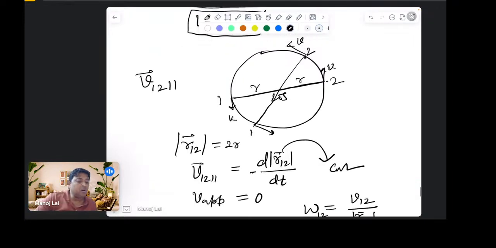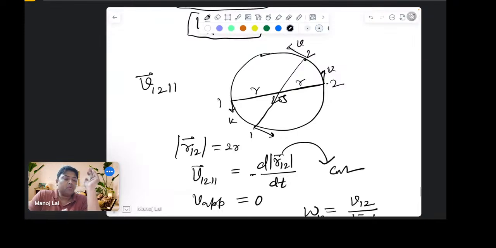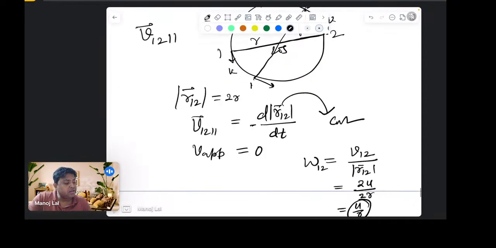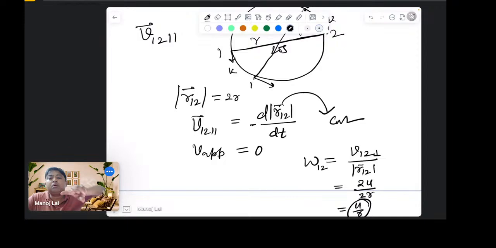So what I am telling you, because what is this? V12 perpendicular is responsible for revolution, rotation, and V12 parallel, along the line of sight, is responsible for change in radius vector, change in the magnitude of the radius vector.